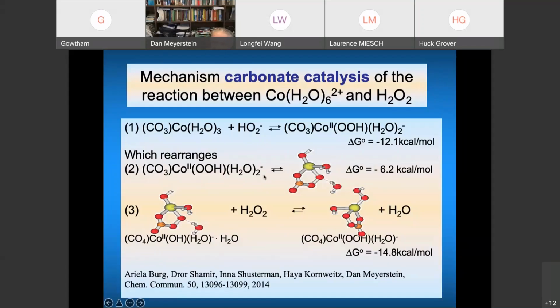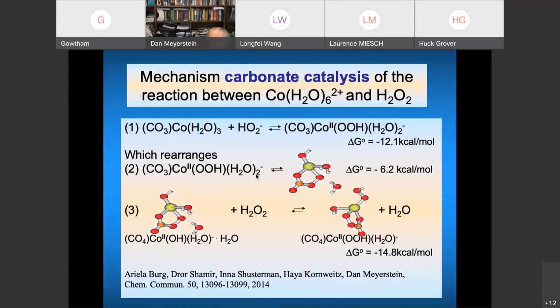And I saw in the literature that if you take cobalt and add bicarbonate to a mixture of cobalt and hydrogen peroxide, you catalyze the advanced oxidation process, you catalyze the reaction of cobalt with hydrogen peroxide. Bicarbonate is a co-catalyst. And I asked myself what happens.